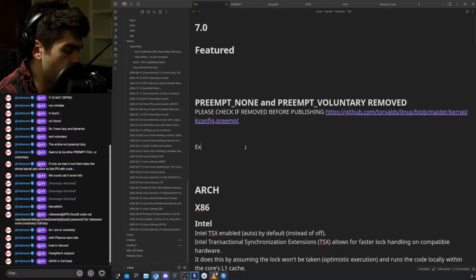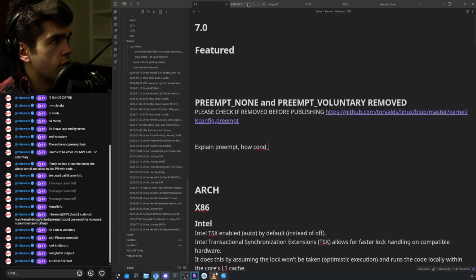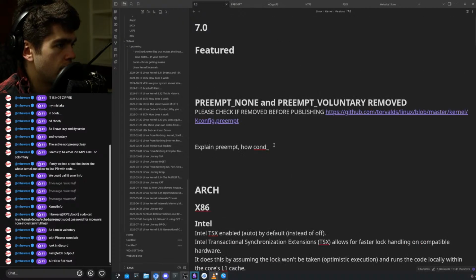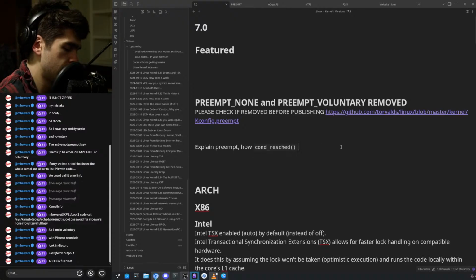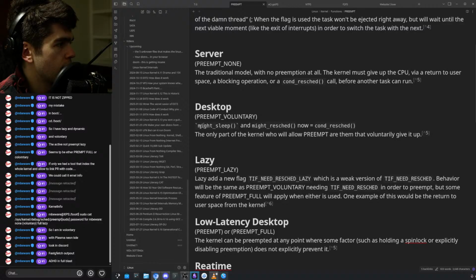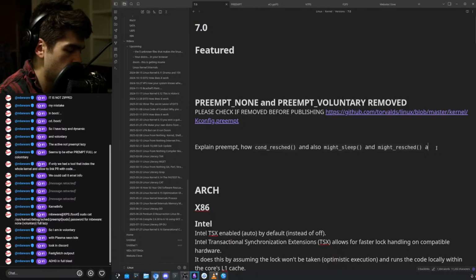So we need to first explain preempt, how cond_resched, and also lazy preempt are needed.